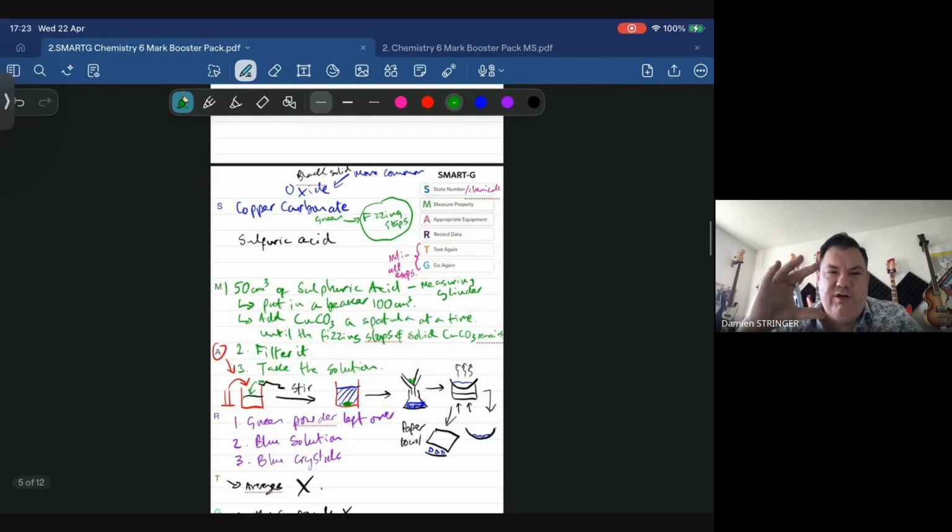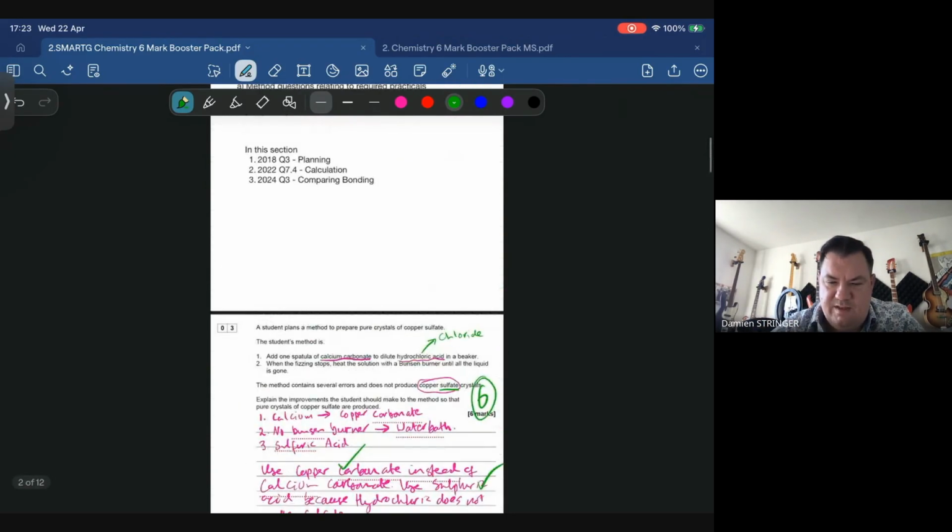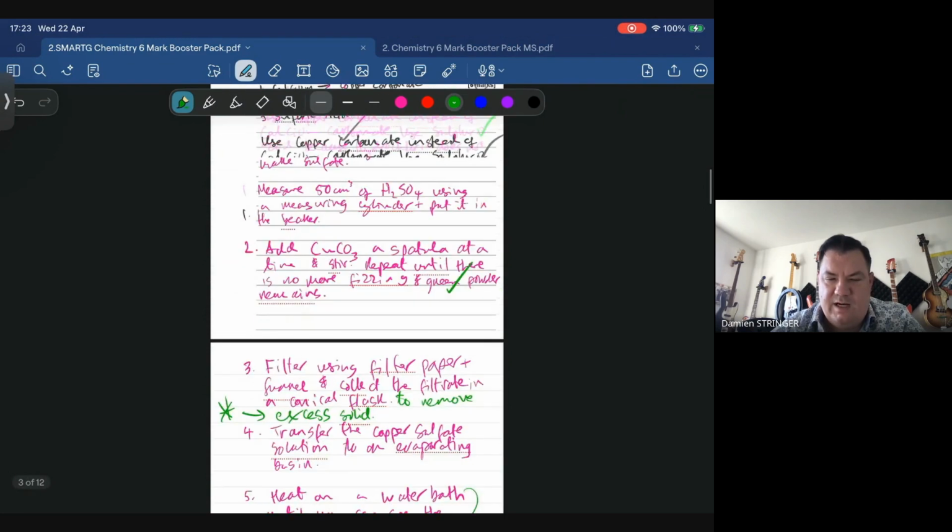There's nothing wrong at all with drawing a diagram somewhere as well, because I have seen it in mark schemes for particular questions. Not this one, obviously, but for some of them, it does say credit a diagram if it's labeled. So if you do a labeled diagram, I would do both. They normally have a little white gap somewhere. They haven't on that one, but you'd have a little white gap.